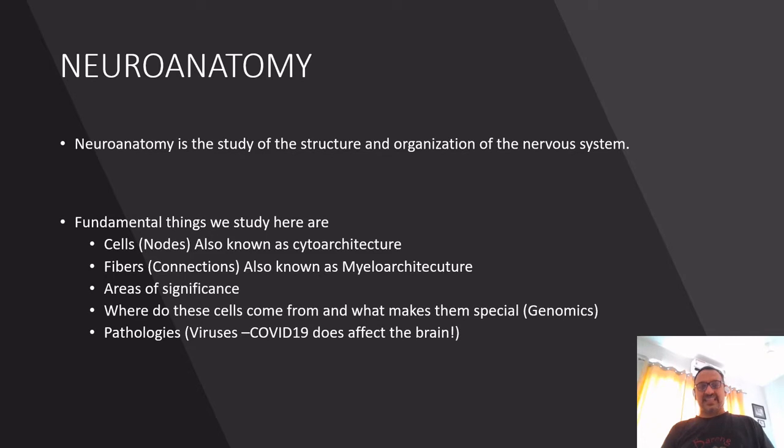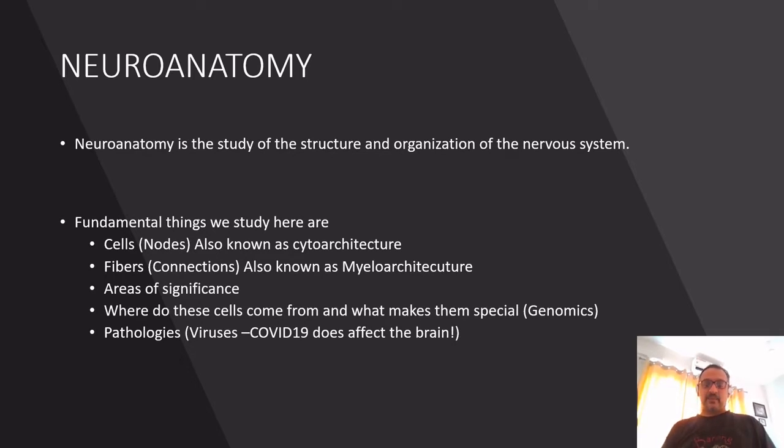The main fundamental things that we study in neuroanatomy are the neurons themselves. Sometimes people call them cells, and in machine terms, we call them nodes. The study of this is sometimes called cytoarchitecture.